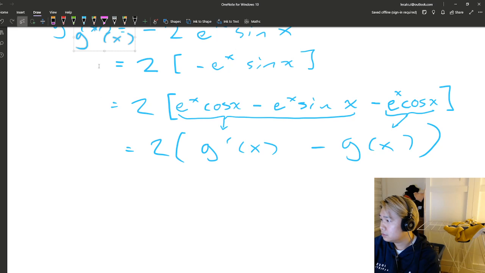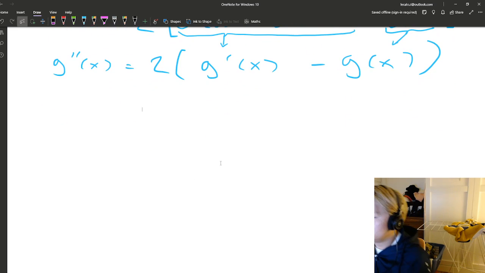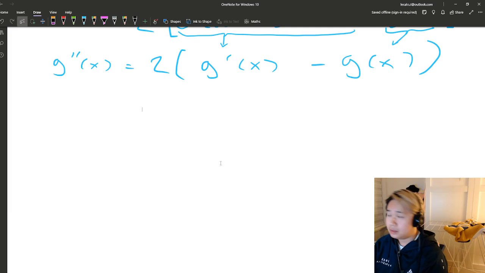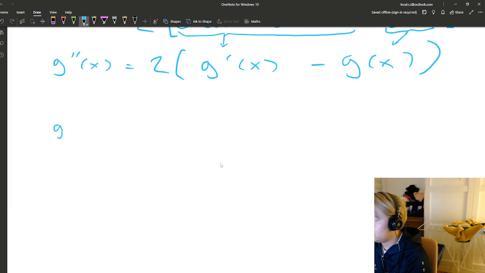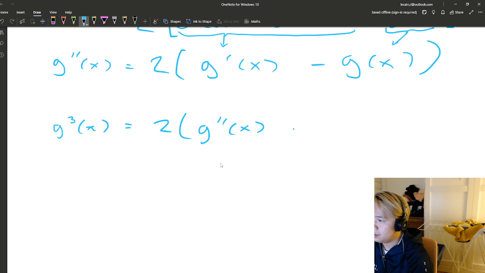Okay. So using this from the earlier part, I'm going to take the third derivative. The third derivative is then basically going to be 2 times the second derivative minus the first derivative.